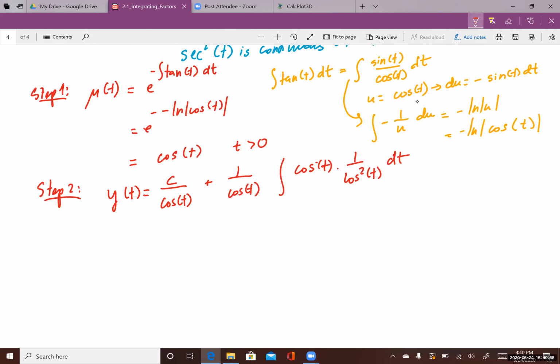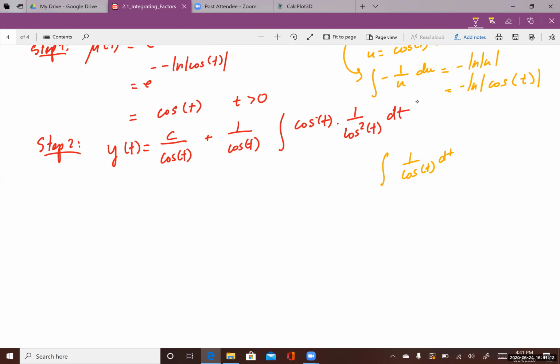So I will do it on the side. After simplifying, this integral is 1 over cosine of t dt. You remember there's a trick that you learn in calculus 2: you want to multiply.